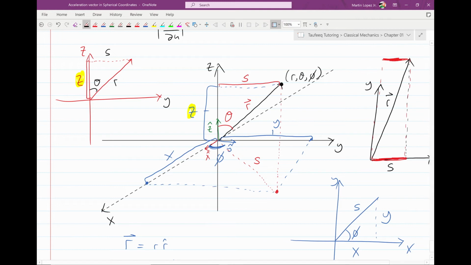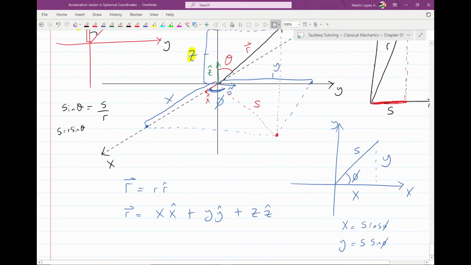Hopefully that makes sense. Now, if I want to solve for s, what does this look like? Well, I can get the sine of theta is equal to s over r. So therefore, s is equal to r sine theta. It's getting a little crammed over here, so I'm going to move this down here. S is equal to r sine theta.